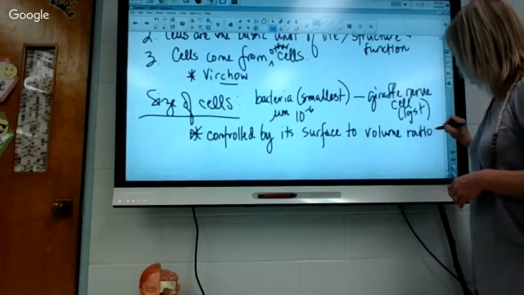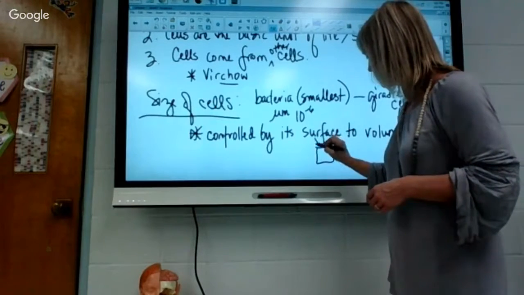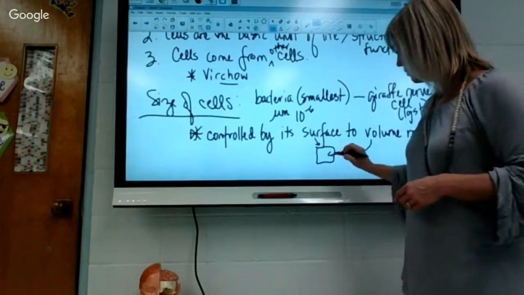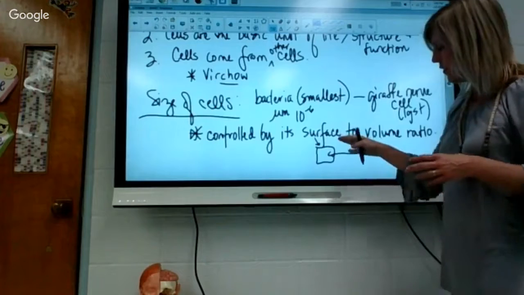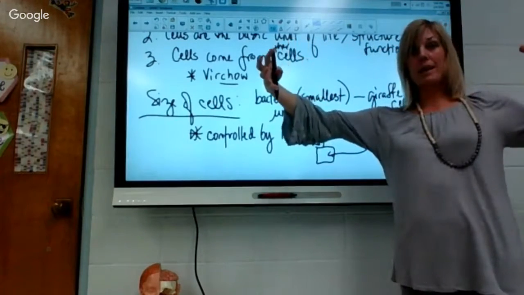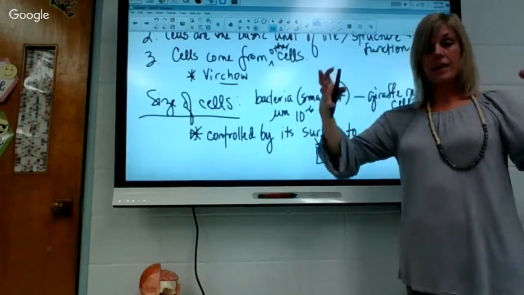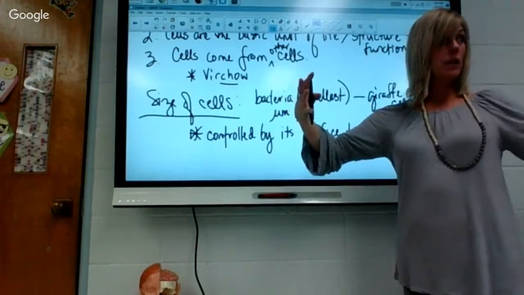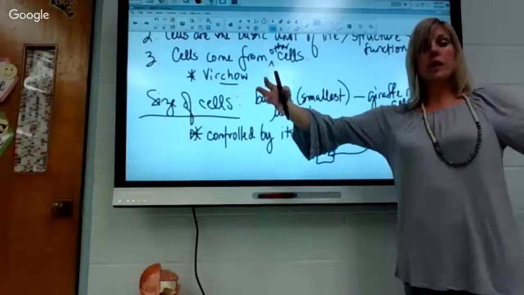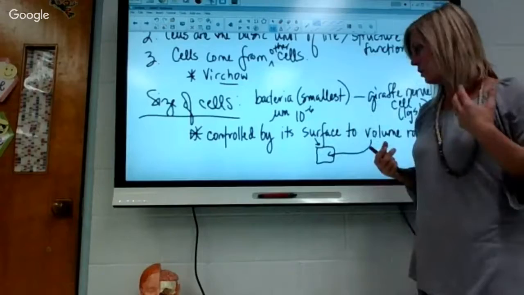And what that means is, if this is the outer surface, if we add that up and compare it to its volume, if the surface gets so stretched out and the cell gets so big, it can't actually meet the needs of that cell. It gets too big, and eventually it's like a balloon. If the surface area gets so large and you keep blowing it up, eventually it's going to pop. So that cell can't function well.